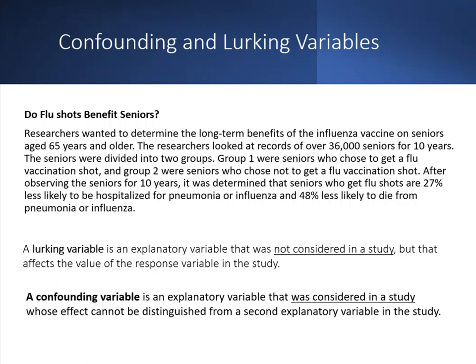Or perhaps I have a 1 o'clock class where people are full or hungry, one of the two, so they're having a hard time concentrating. Although that is something I can consider when I create my study, I'm not exactly sure how that is impacting the outcome of my study. So in addition to our explanatory and response variables, we're also talking about lurking and confounding variables.